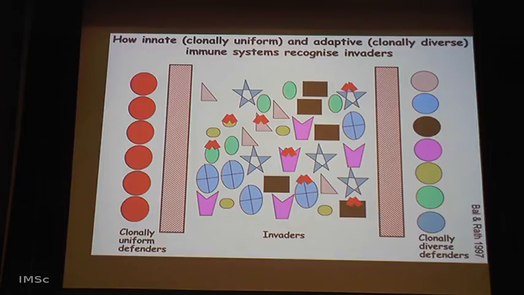So in adult human beings, there are really 10 million different T cells and approximately the same number, 10 million different B cells. So you can imagine that somebody not recognizing an invader will be an exception rather than the rule. If there are such diverse populations available, then statistically it's unlikely that any organism would go unnoticed.